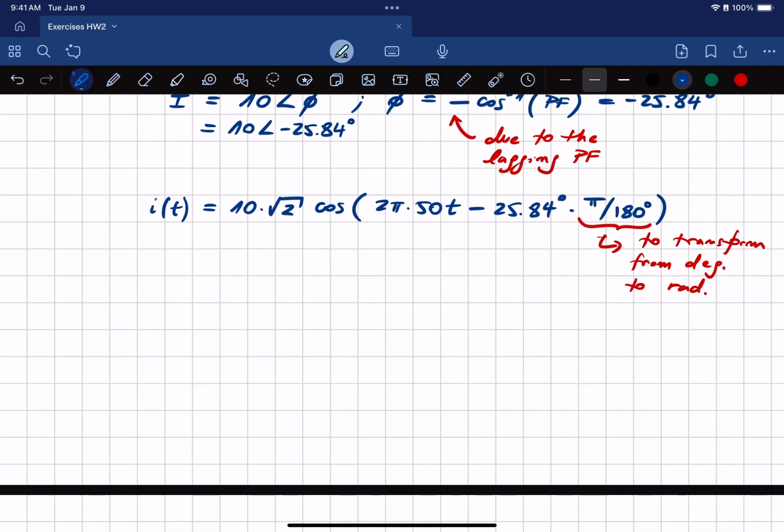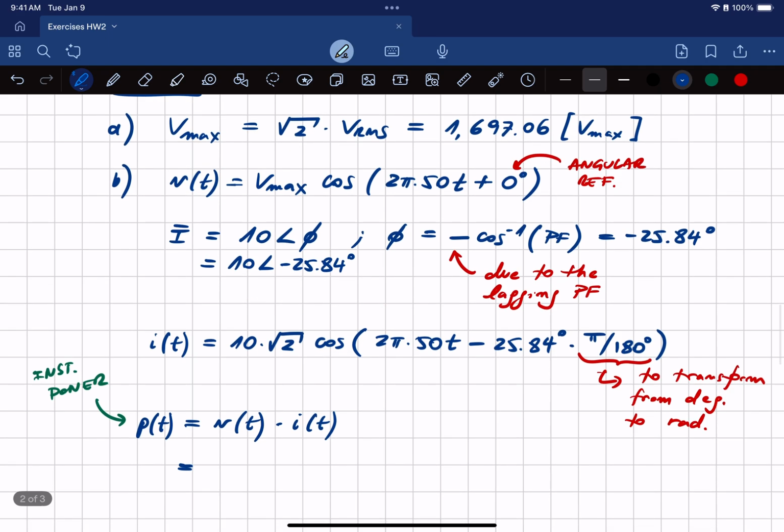Okay, so now p of t, instantaneous power, let's not forget about this name. Instantaneous power, that's a function of time, okay? So this is v of t times i of t. Simple enough.